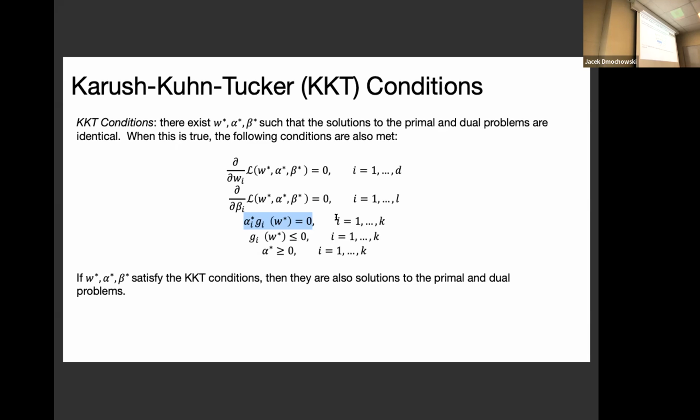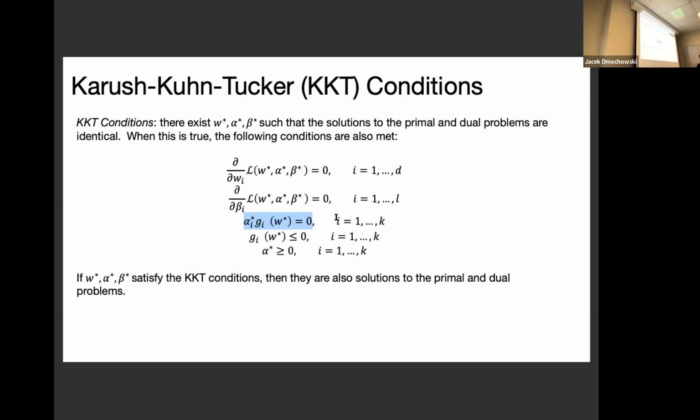remember G_i is an inequality constraint. G_i means that you have to be above this hyperplane, right? And so let's say if G of W is equal to W minus 1, then your inequality constraint is that W minus 1 is less than 0, or W is less than 1, right?